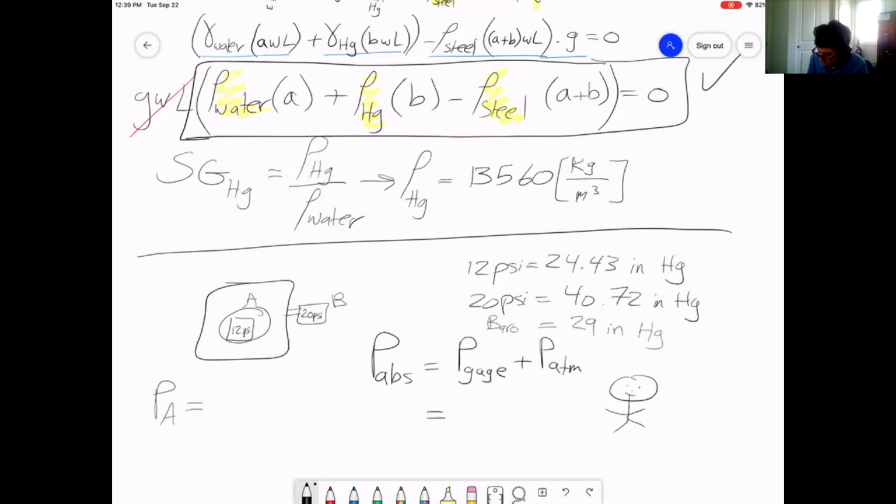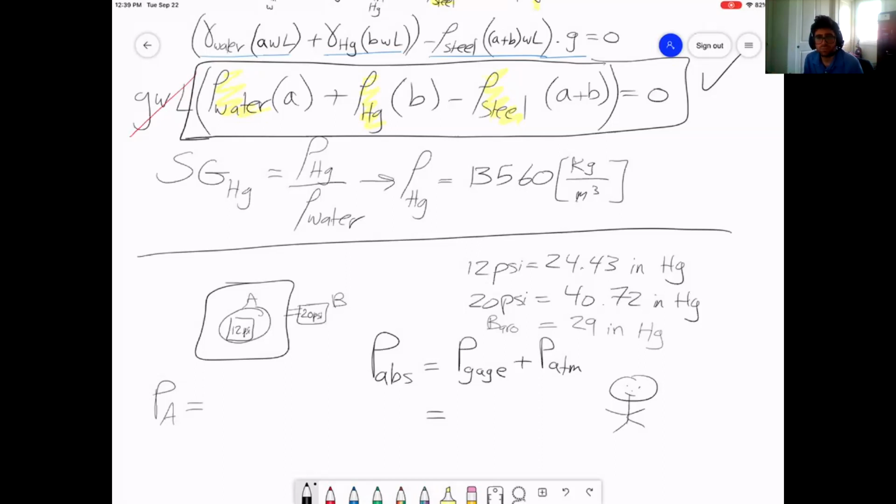Wait, this is assuming sea level and all that, right? No, still we have a barometer that's reading 29 inches. I don't know what 14 psi is in inches of mercury. Let's see if it's actually at sea level. It's 29.9, so yes, we're kind of at sea level. How did you tell?